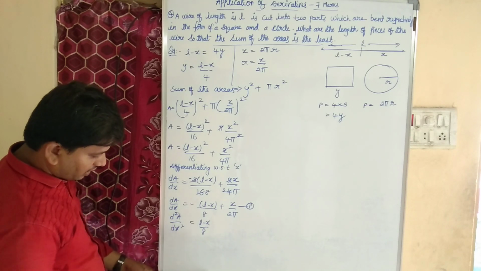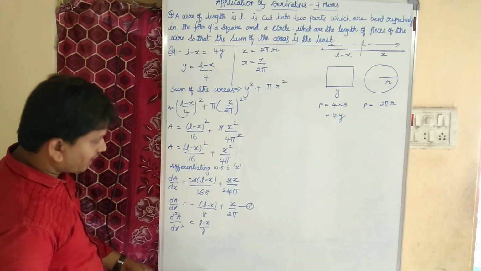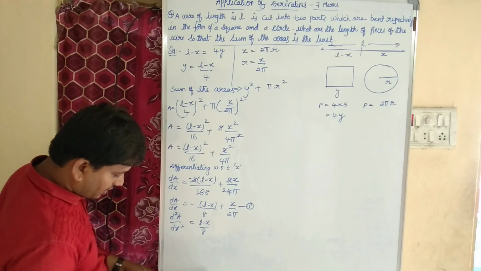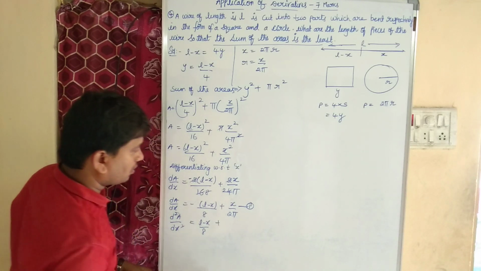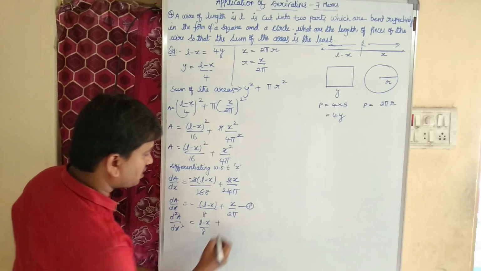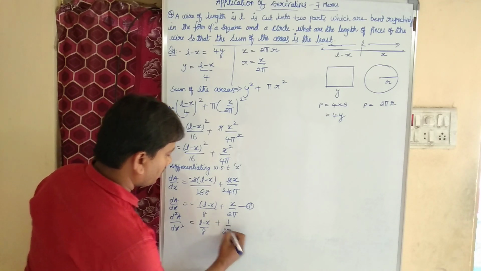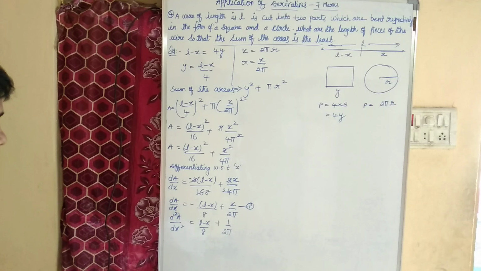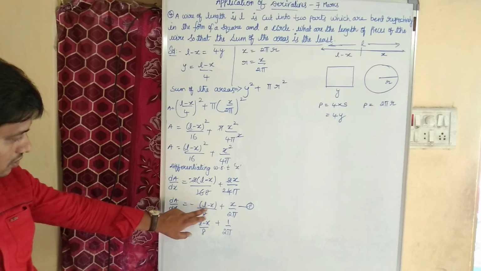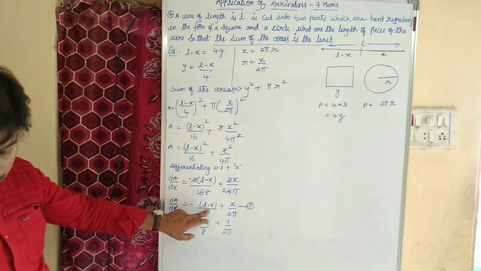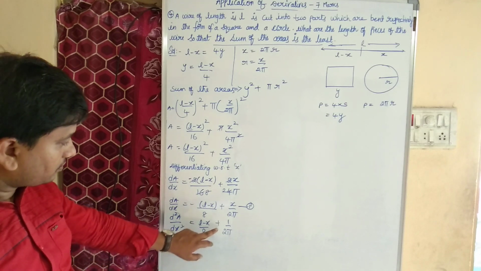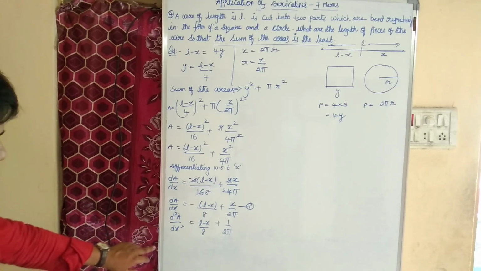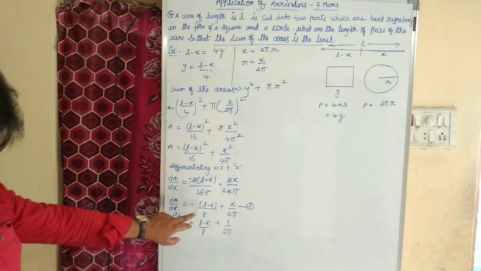Minus 2 into (L minus x) by 16, so 2 and 16 cancel, correct, plus x by 2 pi; x means 1, that is 1 by 2 pi. L minus x, d square A by dx square, we got 2x by 4 pi.